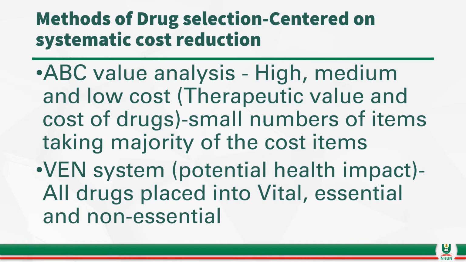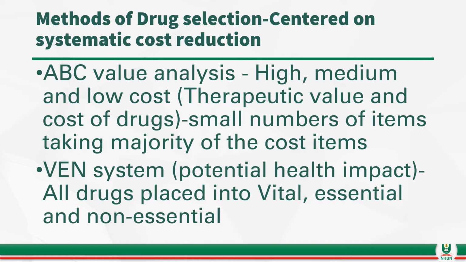Now, when you are selecting drugs, there are methods you must consider or use in selecting your drugs. These methods are centered on cost reduction. Of course, when you're selecting drugs, you must make sure that your drug is cost effective. And there are two major methods in such cost reduction drug selection.